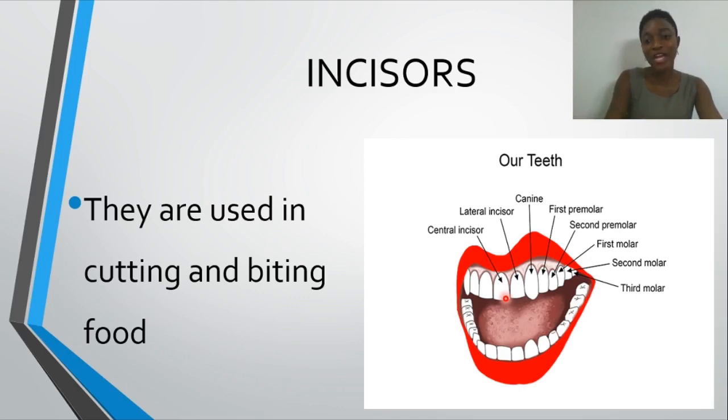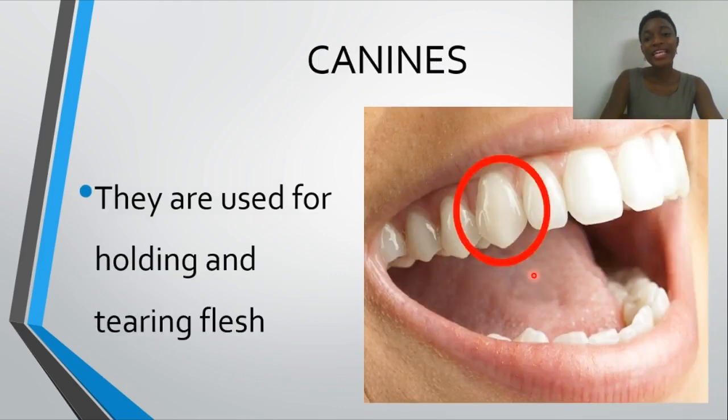Now moving on, we have our second set of teeth, which is the canine. Now the canines are used for holding and tearing flesh. So typically our canines will look like that of a vampire, just that in vampire movies you have the canines elongated because they feed on flesh more, as you would have in dogs and other carnivores, as we looked at in lesson 1 of dentition in mammals.